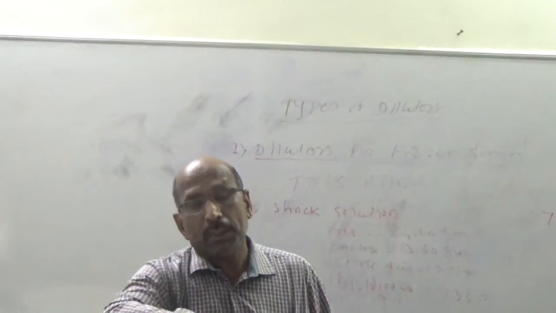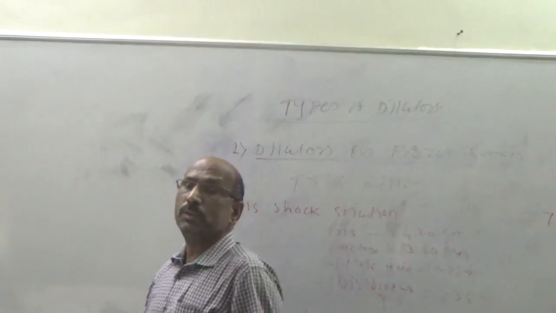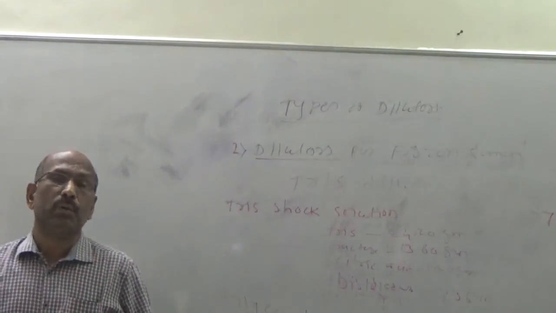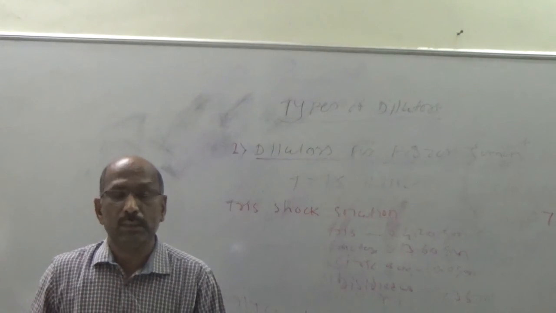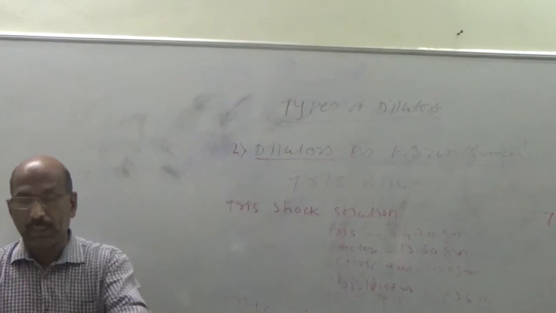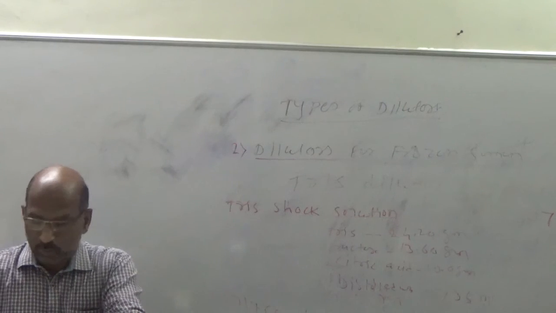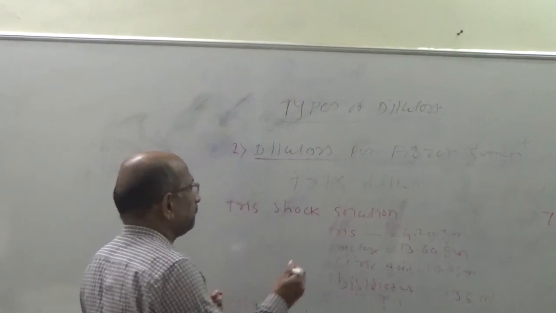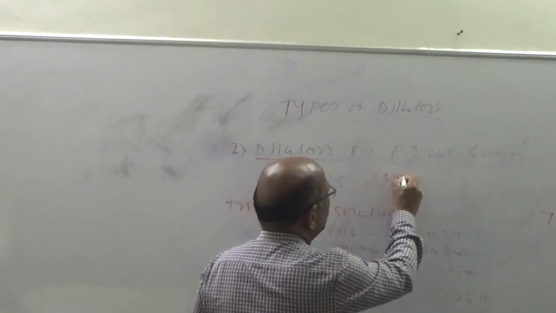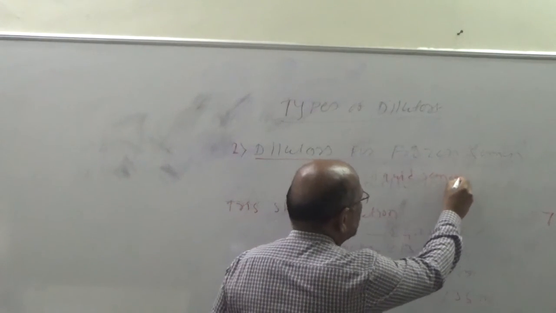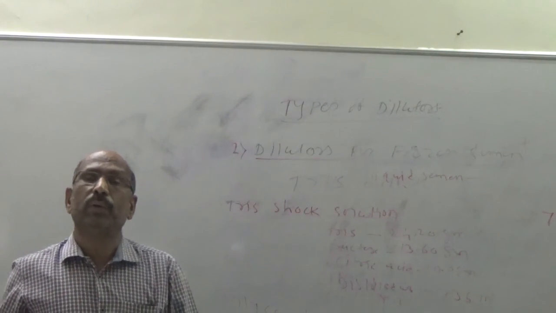So the rate of dilution depends upon the concentration of spermatozoa in semen. What is the dilution ratio of liquid semen? Liquid semen means semen preserved at refrigeration, at 5 degrees centigrade.